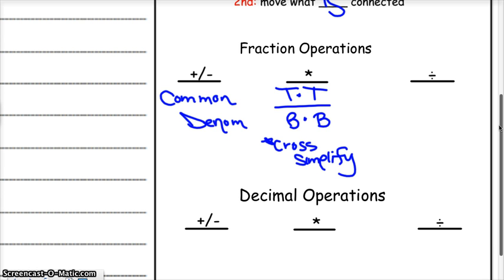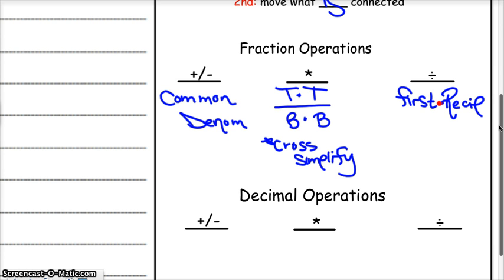When you divide, you go first fraction times the reciprocal. So first fraction times the recip. You can't really see my dot there. Let me get a different color. First times recip. So you're going to be dealing with fractions.